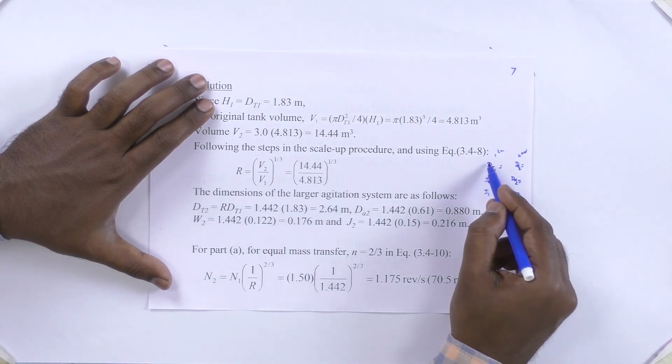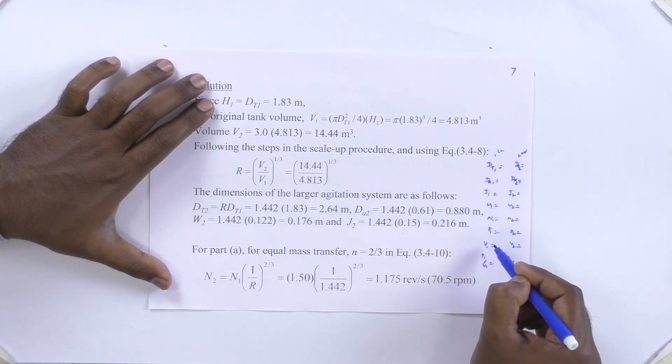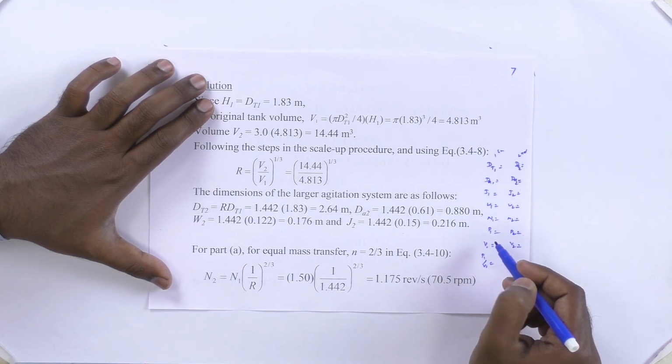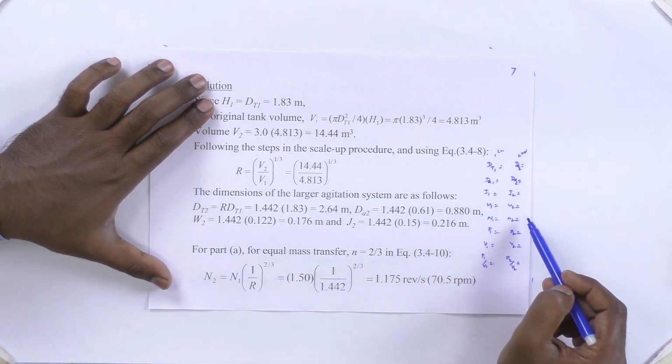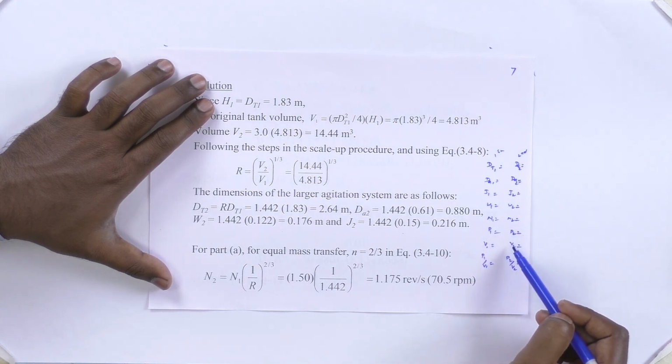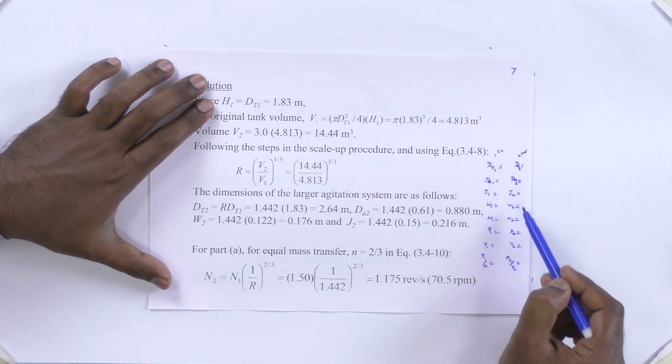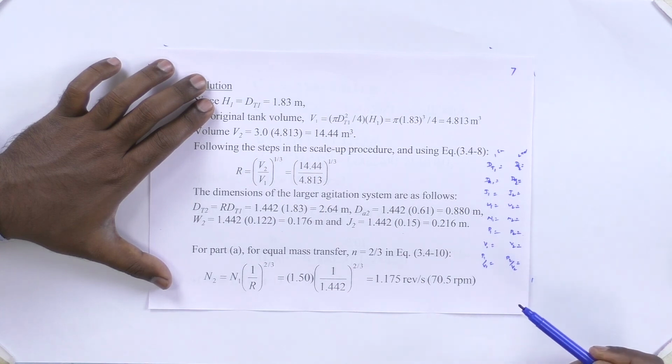So like this, for the first vessel, what is the dimension, what is the agitation speed, what is the power? Similarly, for the second vessel, what are the dimensions, what is the agitation speed, and what is the power requirement? So all these things we need to calculate and fill up the values.